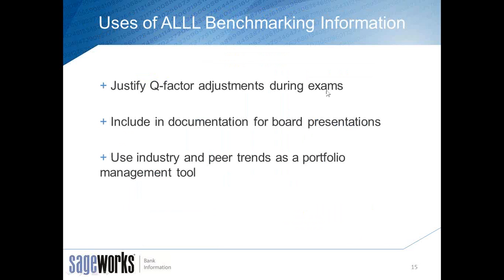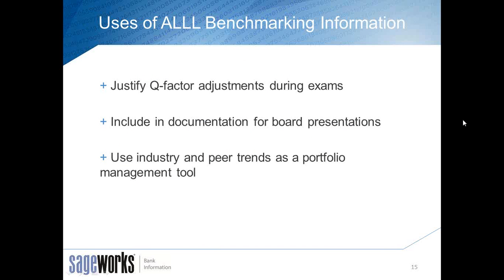And move on to the uses of this benchmarking data now available in bank information and how Rob believes it can be best utilized. I think this is a great tool to supplement your existing internal documentation that you're using for your Q factors. It really is just going to support your decisions.